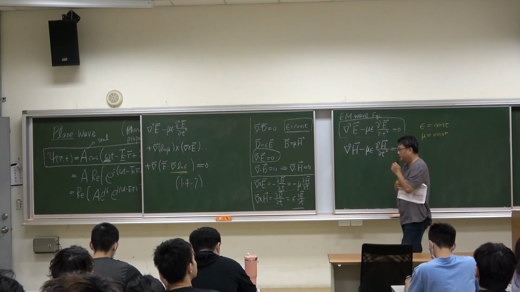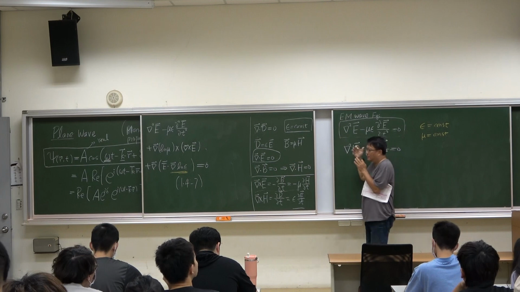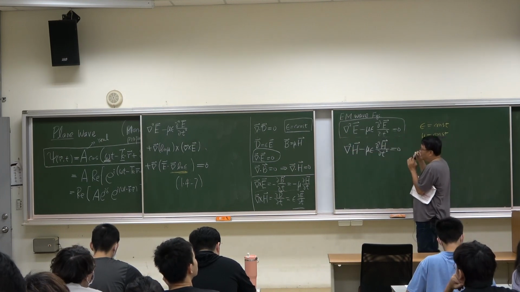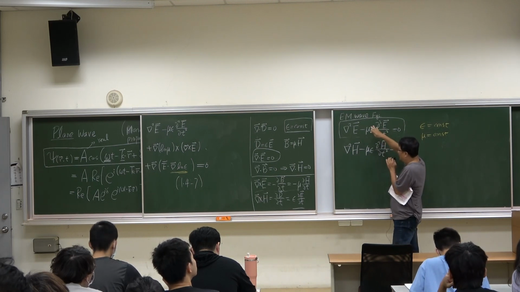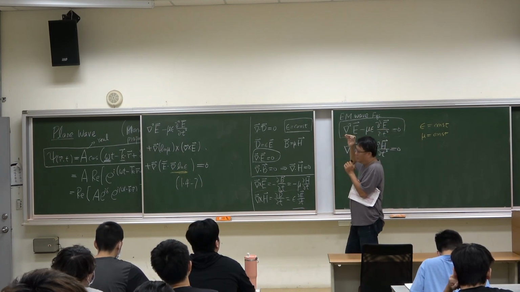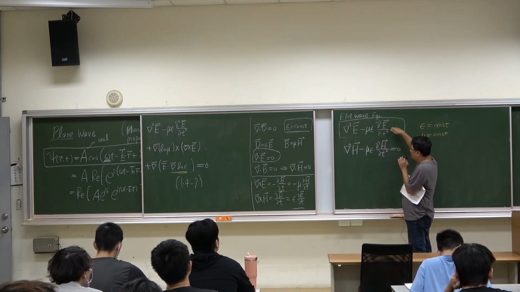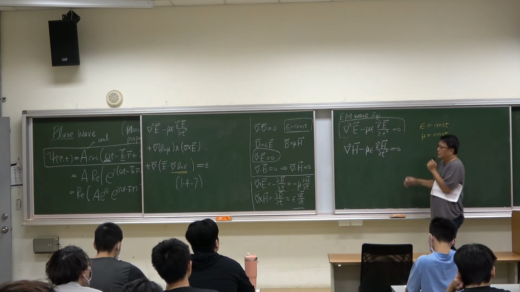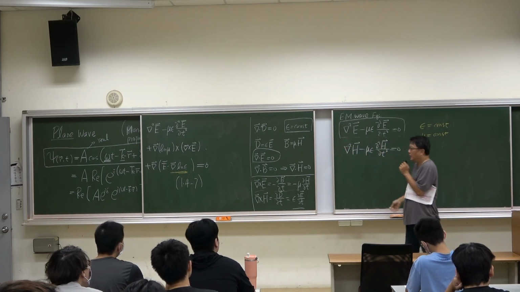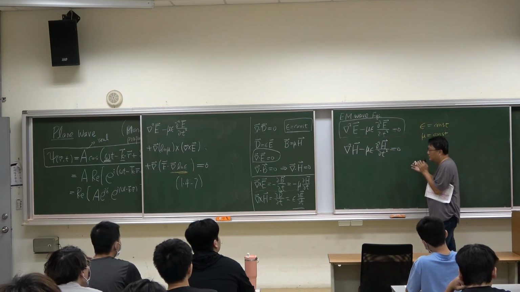Linear equation means that we can sum different solutions to get a new solution. Suppose E1 and E2 satisfy the same equation. Then the summation of E1 and E2 also satisfies this equation. You can sum over old solutions to get new solutions.